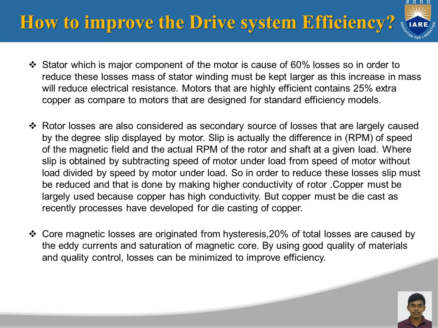Slip is actually the difference in rpm, the difference between the synchronous speed and the actual rpm of the motor shaft at a given load. Copper must be largely used because copper has high conductivity, and recent processes have been developed for die casting of copper. This is a new system which has come into the market.